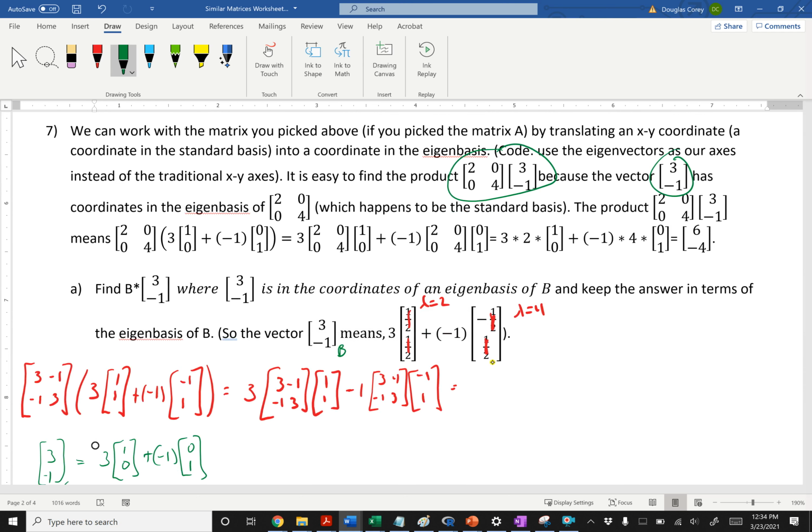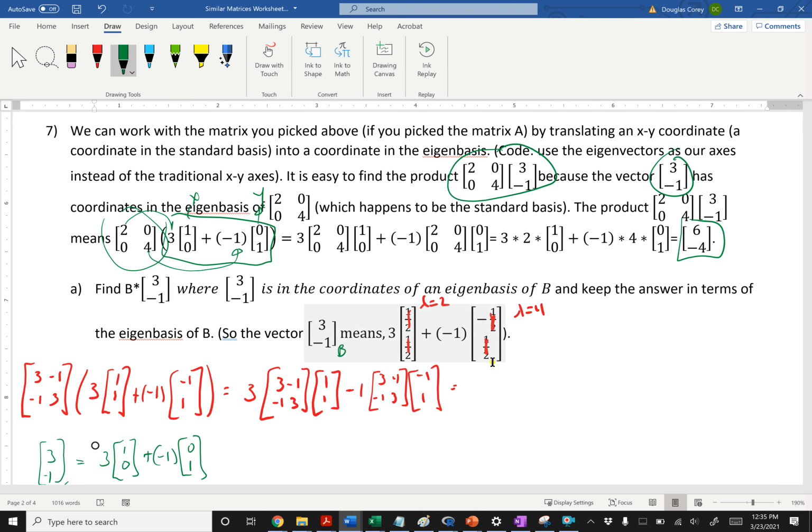That meaning is, hey, there's 3 of this vector, which is kind of the x vector, and a minus 1 of the y vector. And the reason that this is so nice and so easy is because these happen to be the eigenvectors of this matrix. So we can just end up doubling how much of the first vector and 4 times how much of the second vector. So you get 6 and a negative 4.